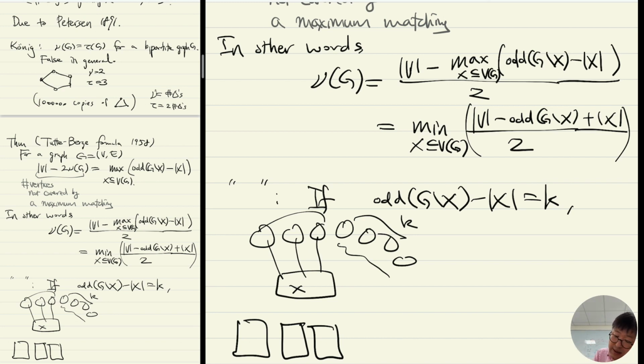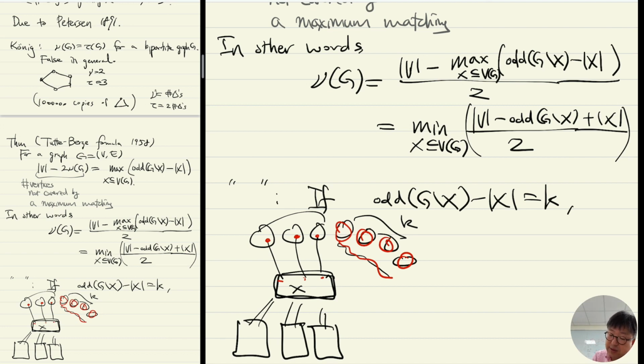right? So these X people can be paired with at most one odd component each, right? And I still have K left over, and each of these K odd components will contribute one vertex not covered by the matching.